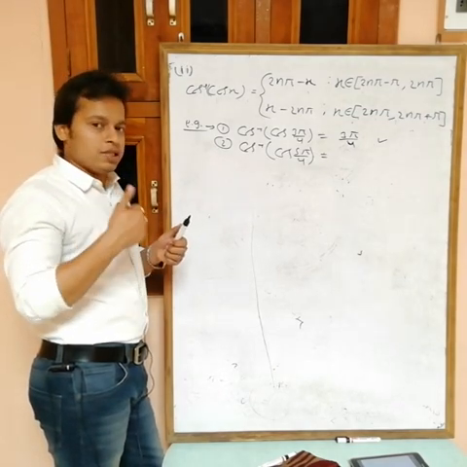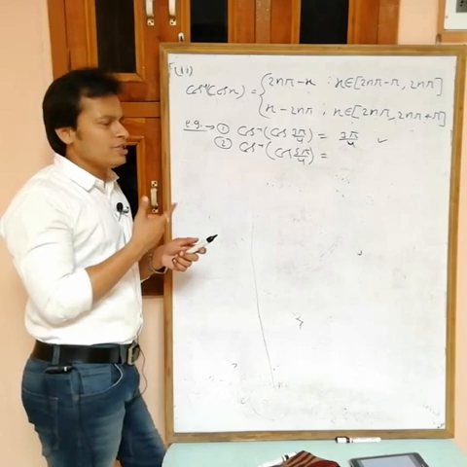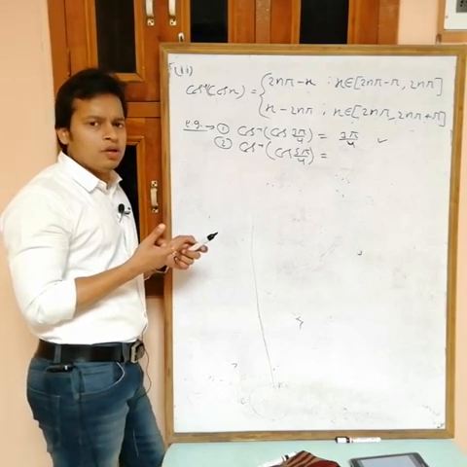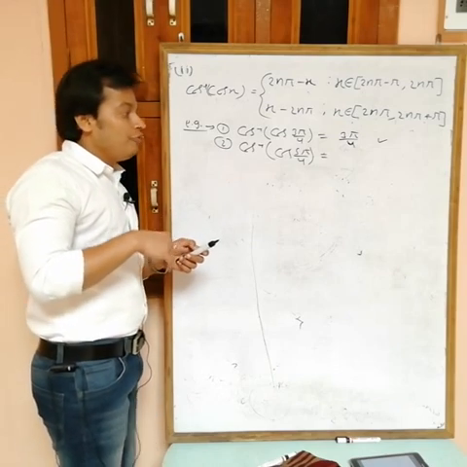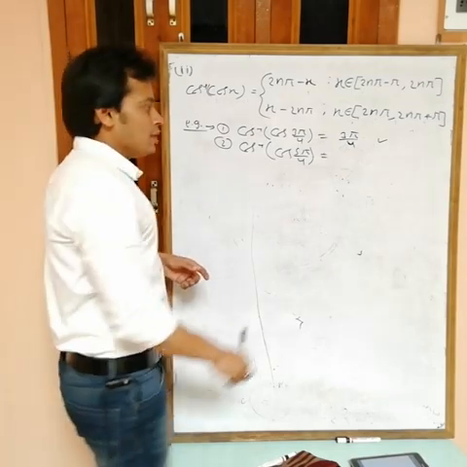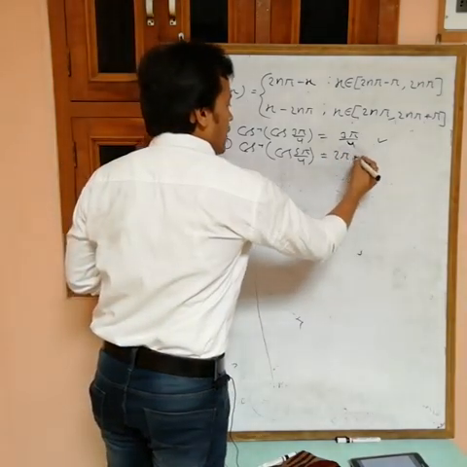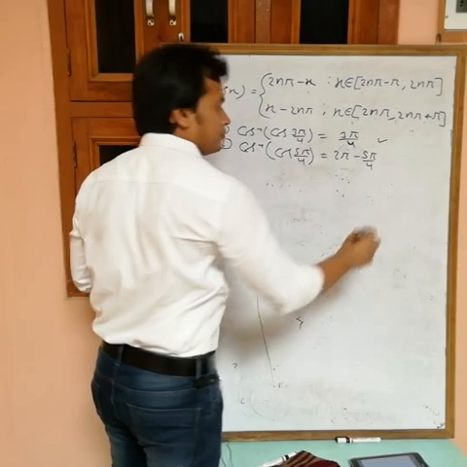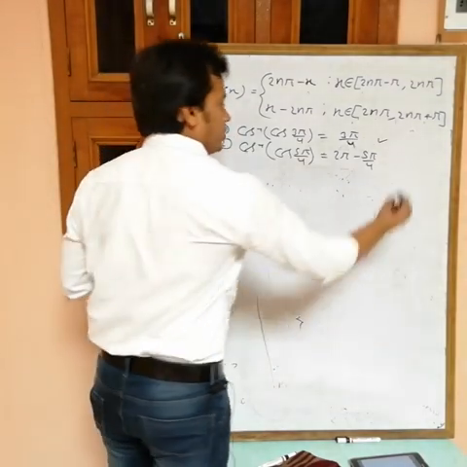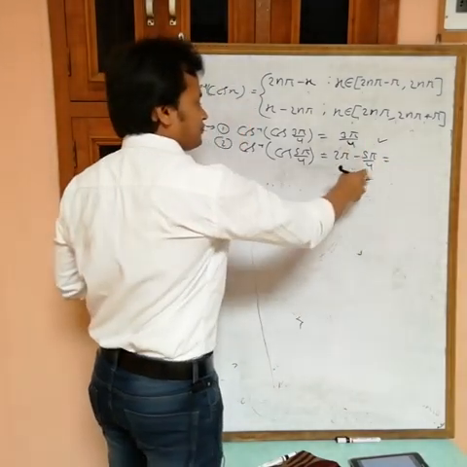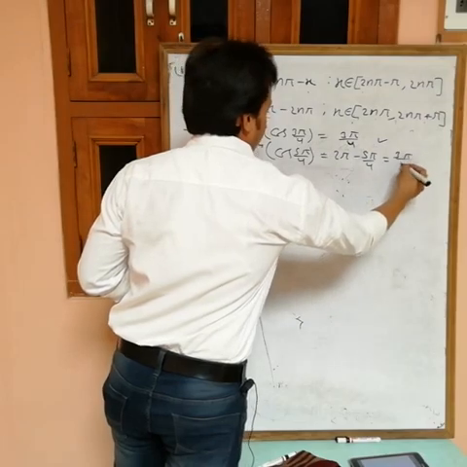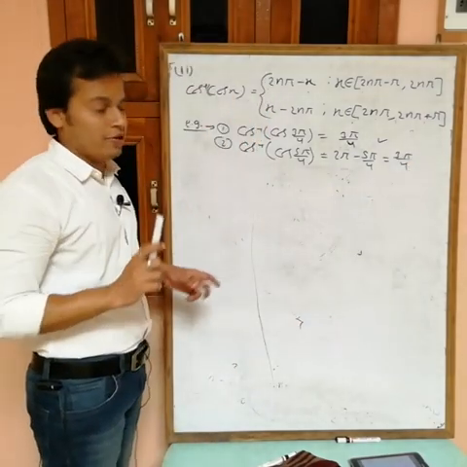Now check: is this less than 2π or greater than 2π? Obviously less than 2π. If it is less than 2π, then the answer is 2π − 5π/4. If you solve, you get 3π/4, and 3π/4 is the value of cos inverse.